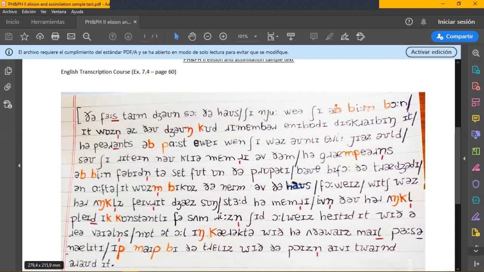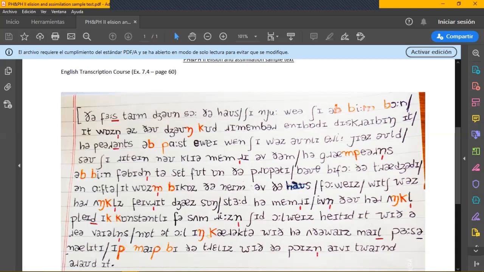Okay, very good. What else? Then I have assimilated the voiceless alveolar plosive sound into the voiceless velar plosive, because it's followed by the same sound.